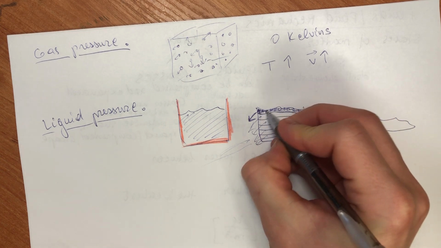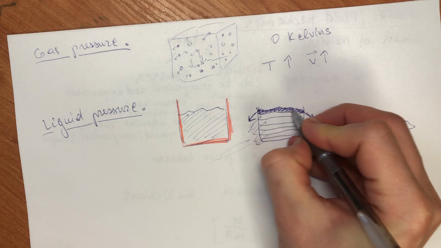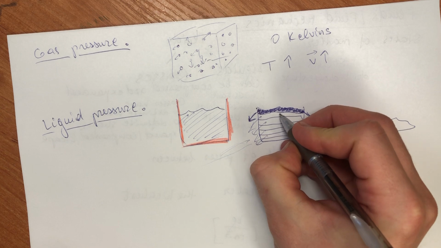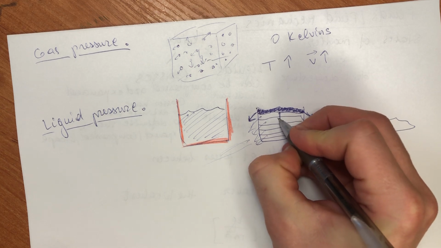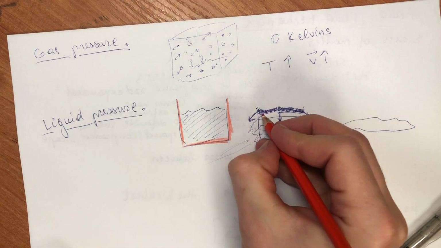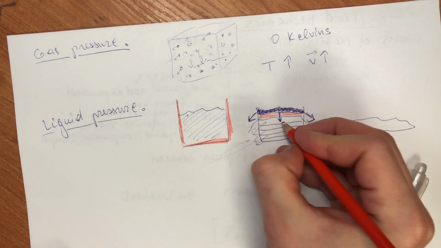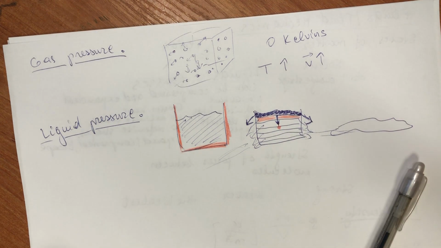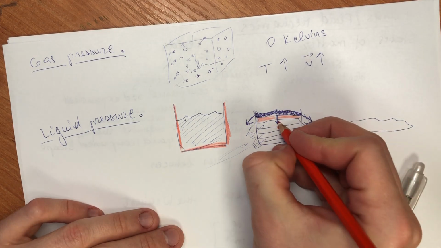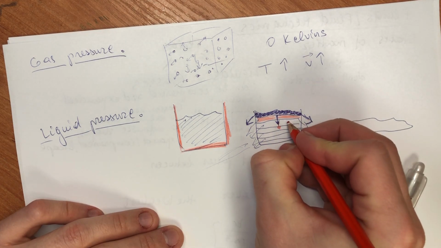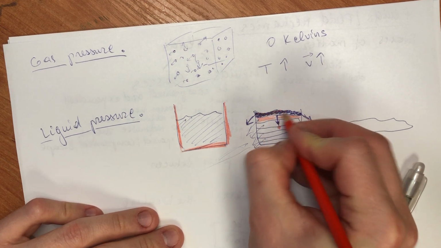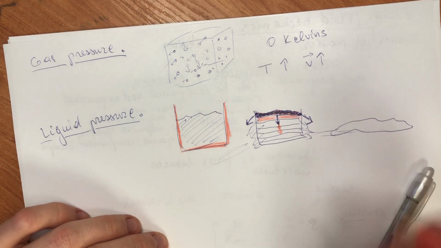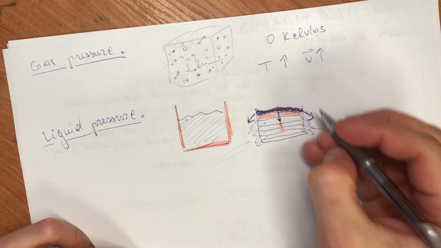So this layer that I've just colored exerts a weight on this layer, and this layer exerts a weight on the layer below. On the third layer, there are 2 layers above, so the weight increases, because the weights of these layers sum up.